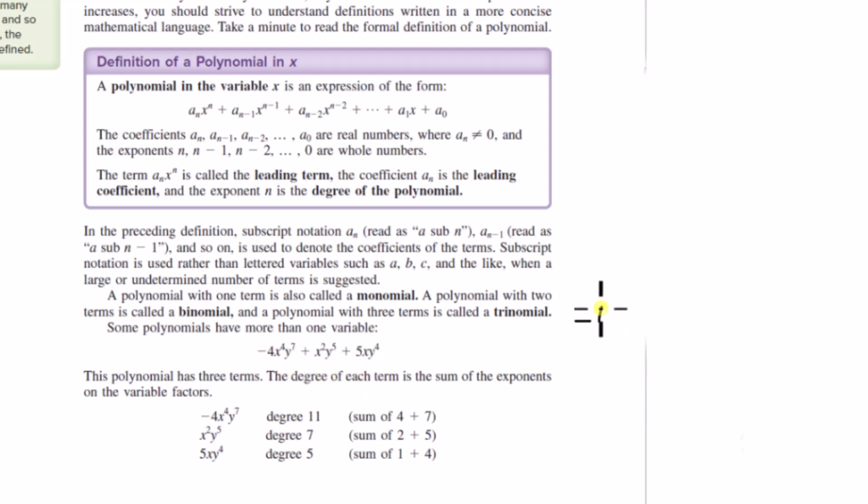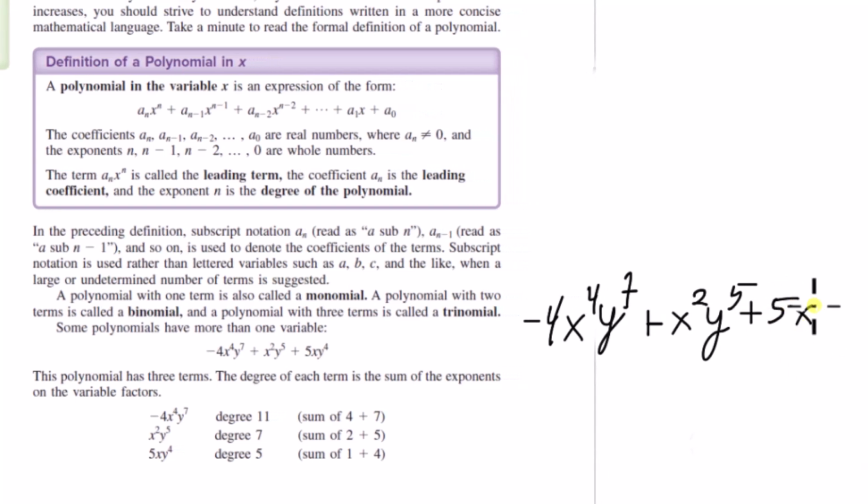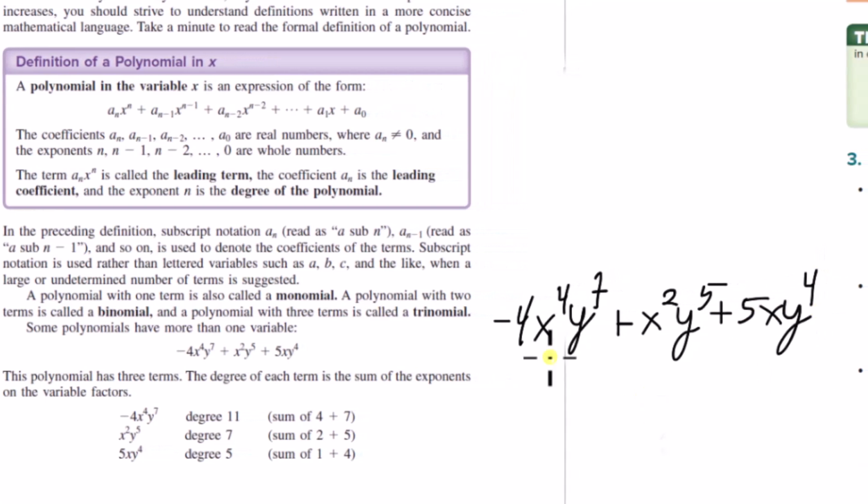So minus 4 x to the 4th y to the 7th, plus x squared y to the 5th, plus 5x y to the 4th. So yeah, it's in descending order of degree. You could say this is a trinomial in x and y with leading coefficient minus 4 and degree 11. And that gives a good description of this expression here.